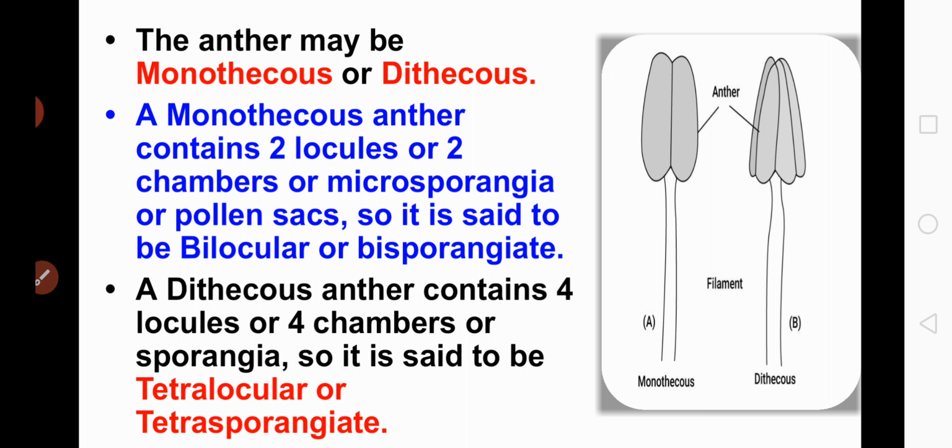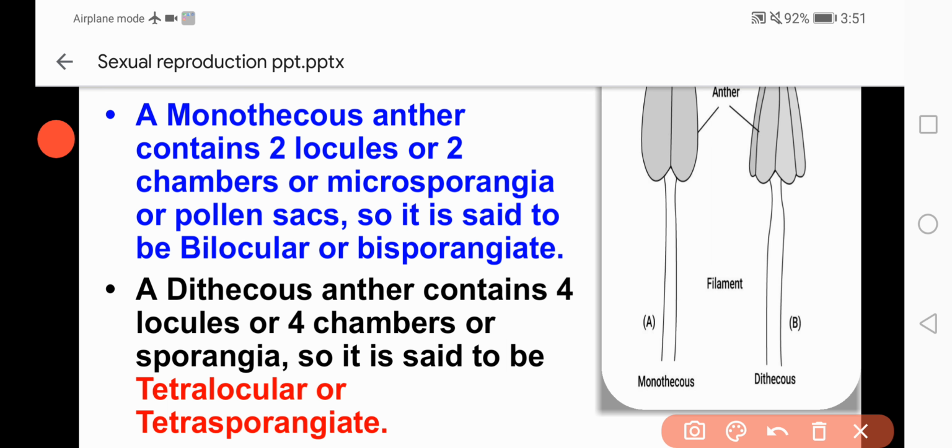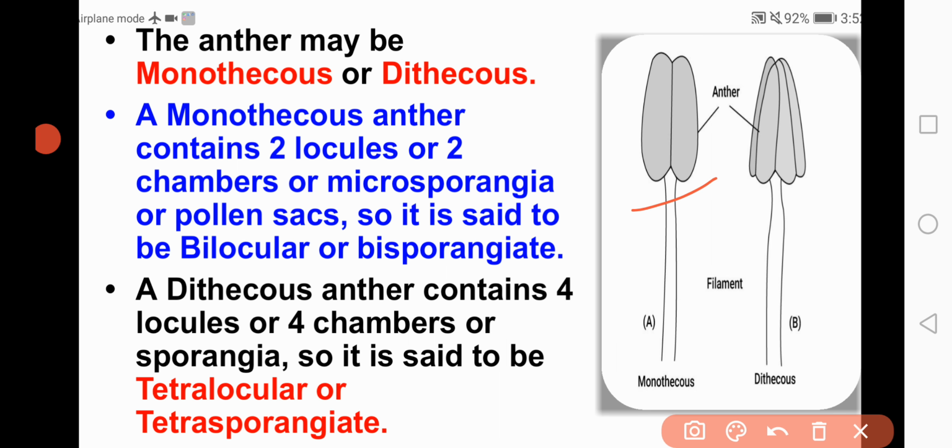This is the picture of a single-lobed anther, and this is the picture of a dithecous anther, meaning two-lobed or bilobed. So the monothecous anther is also called unilobed, whereas the dithecous anther is also called bilobed. Is that clear?